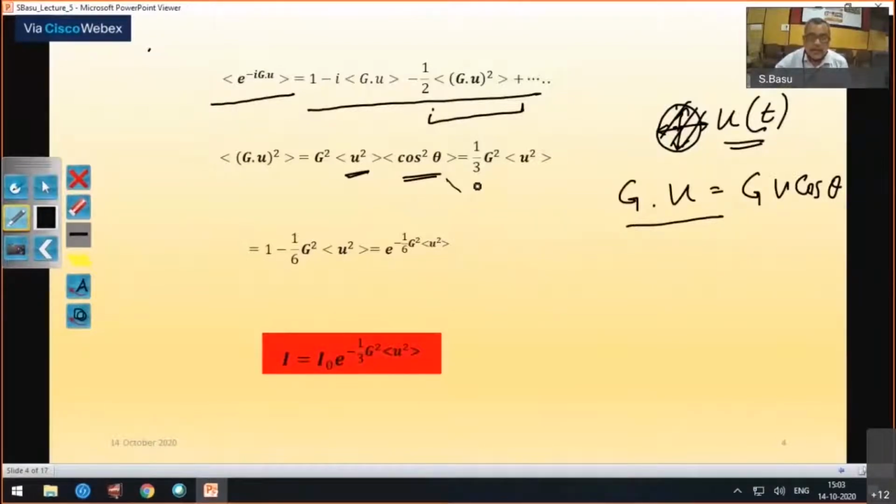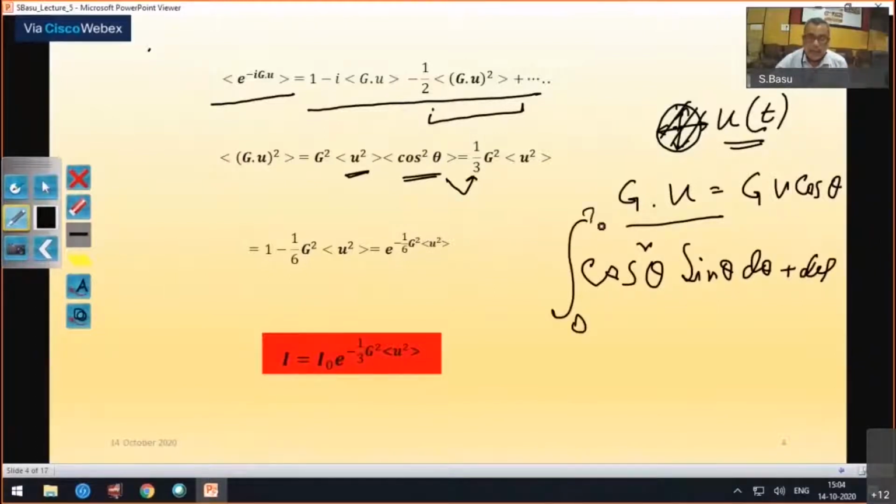The cos squared theta average is nothing but the integral of cos squared theta sin theta d theta d phi, with phi from 0 to 2 pi and theta from minus pi to pi, divided by 4 pi.